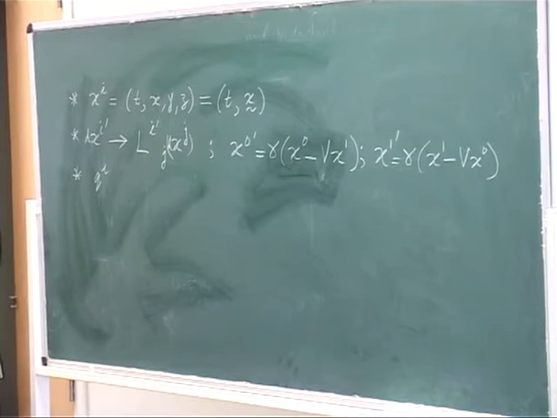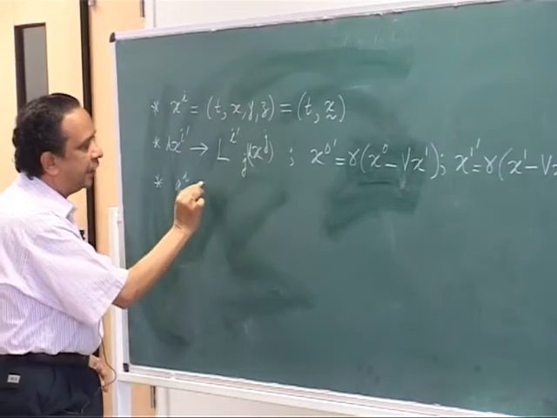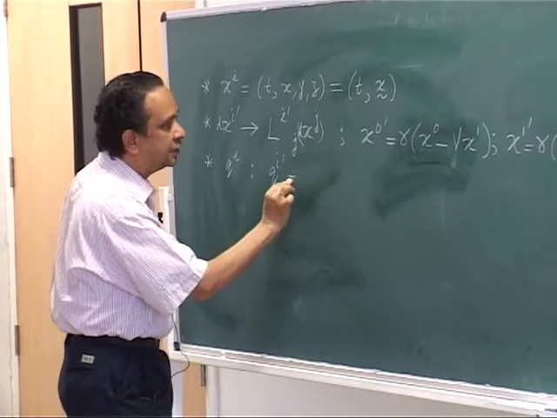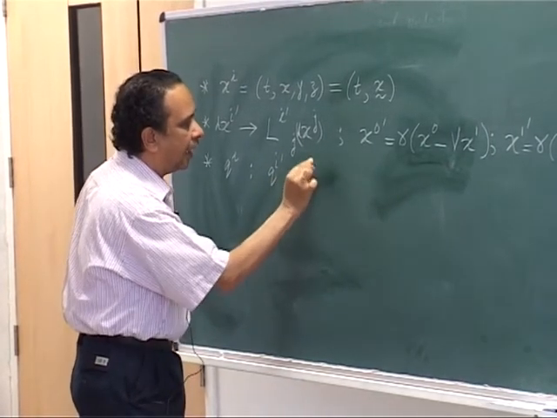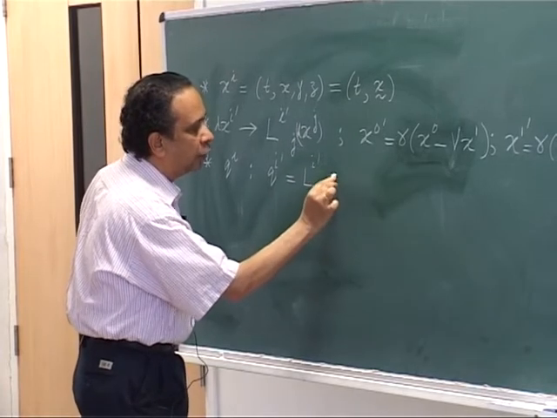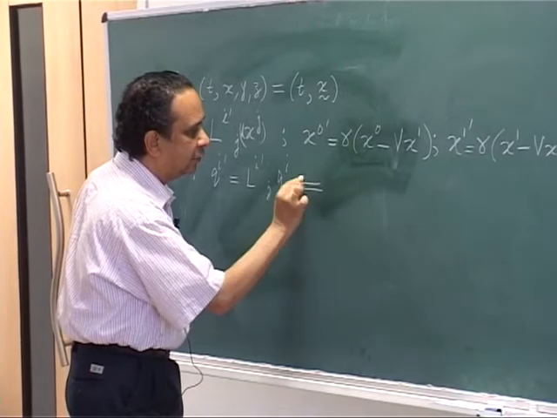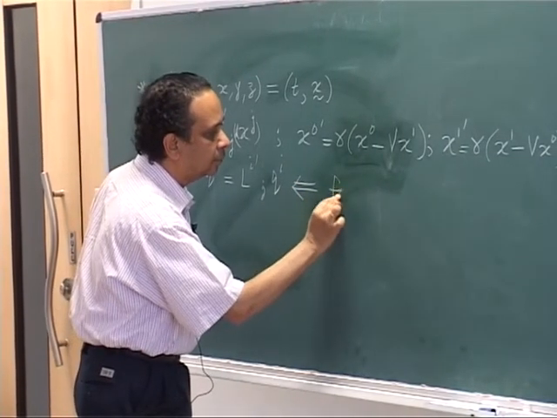Any quantity is qi which behaves like qi prime equals the same L I prime j qj is defined by definition. This is a 4 vector.